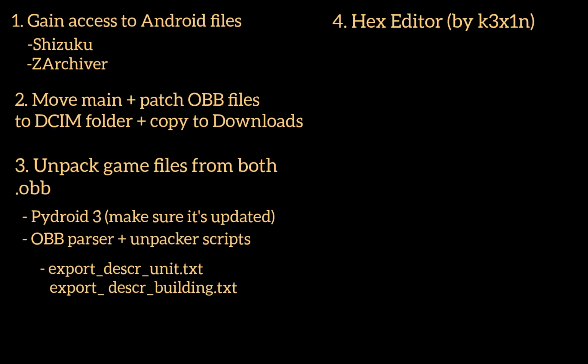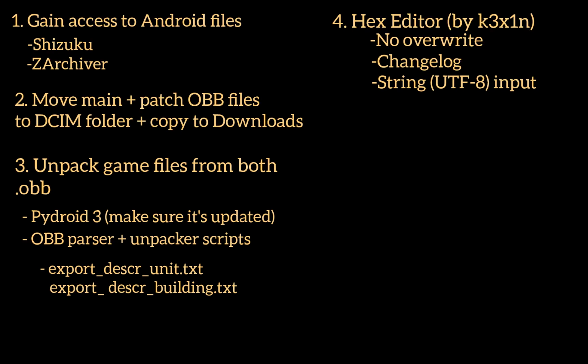More about the editor is coming up, but if you want to use a different one, it really needs to have a no overwrite feature to make it easier to maintain a safe working copy of the game data and avoid needing to keep up with complicated backups. A changelog of all edits made during a session to double check all of our work before export, string, aka UTF-8, search to avoid needing hexadecimal fluency, and a UTF-8 inspector or translator to keep us from going absolutely insane, as you'll see later.